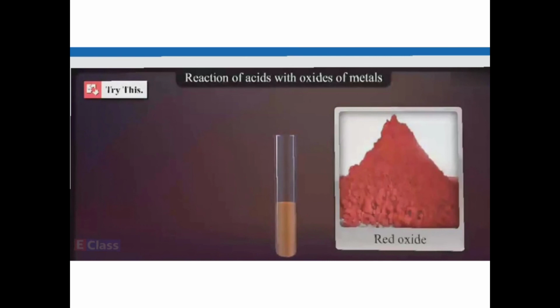This reacts with HCl. When it reacts with HCl, children, it gives rise to FeCl3, that is the yellow colored solution, and water will be there. So what do you have?